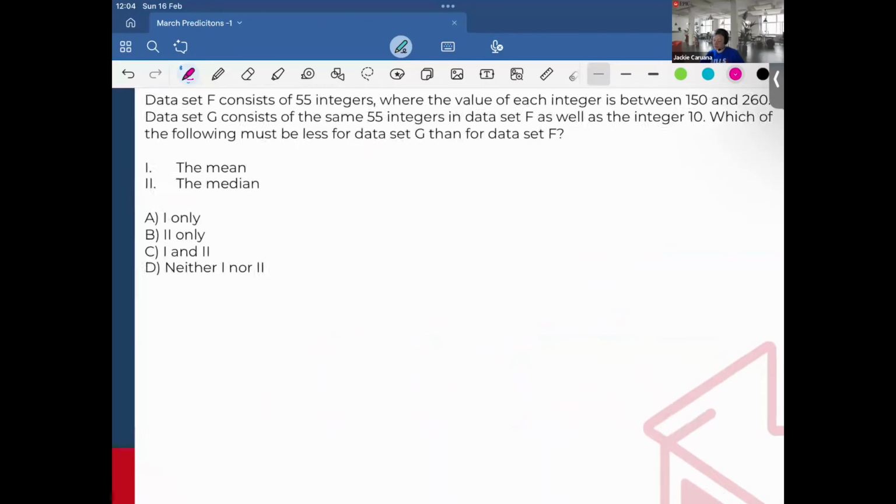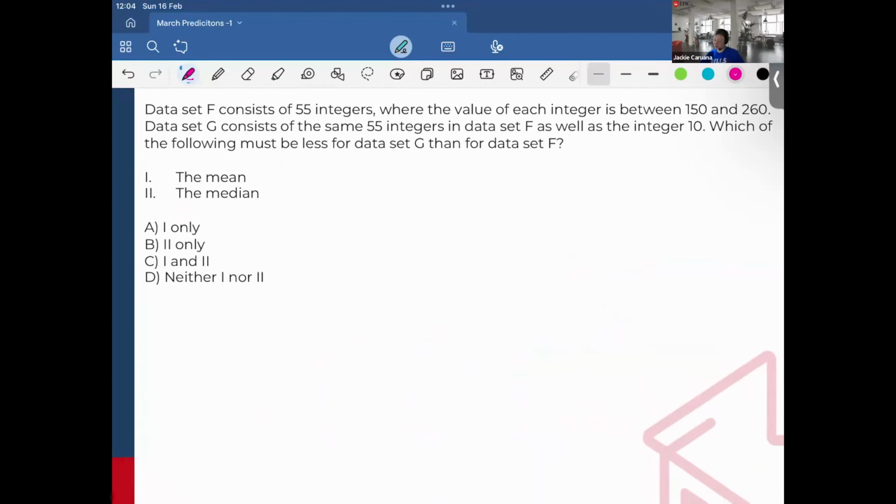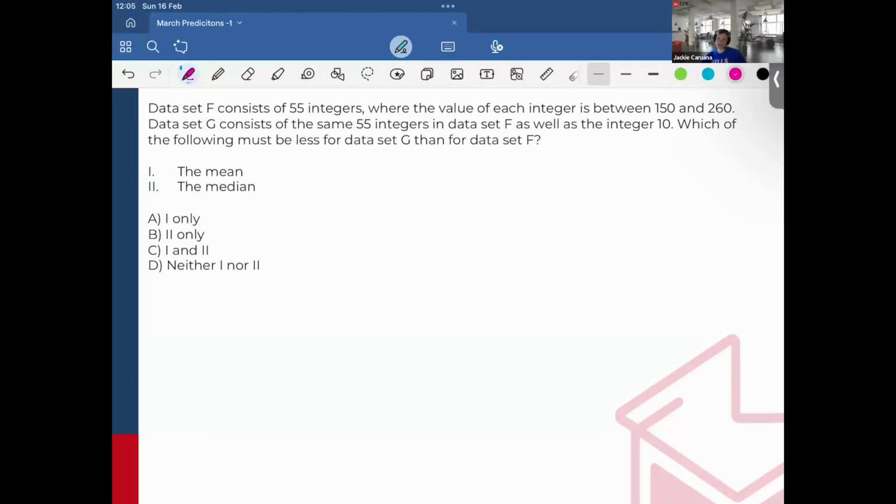Okay, another part of data and statistics are statistic type problems. So data set F consists of 55 integers where the value of each integer is between 150 and 260. Okay, well, so F we could say 150 to 260.